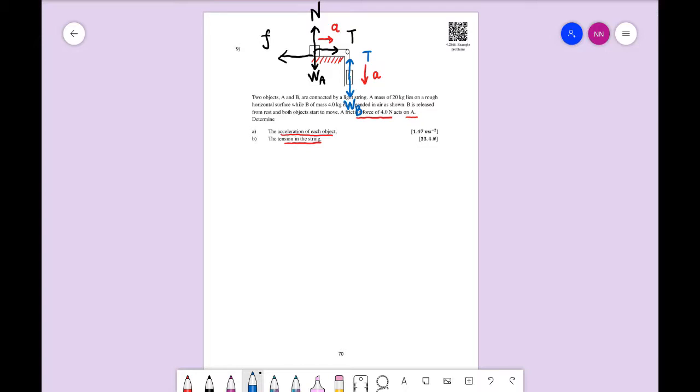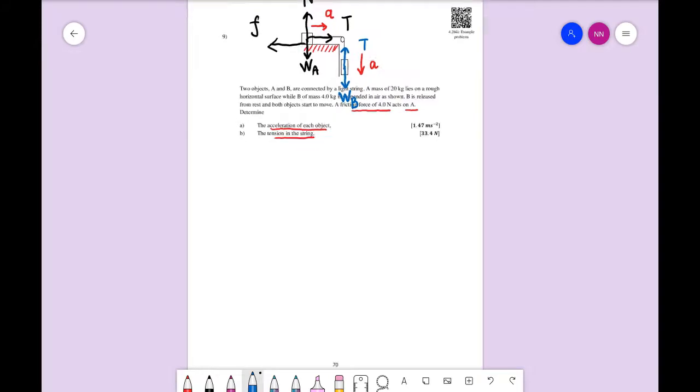They have same magnitude of tension, but tension on object A is away from object A, and tension for object B is away from object B, and tension is along the string.